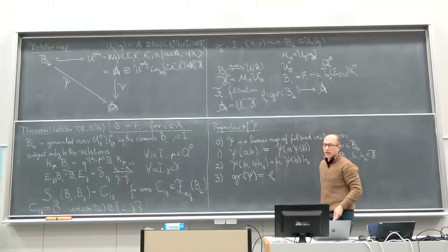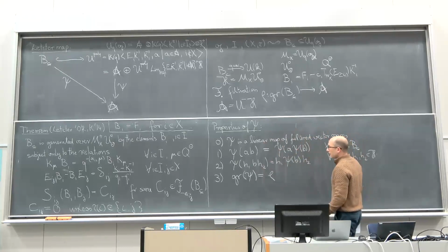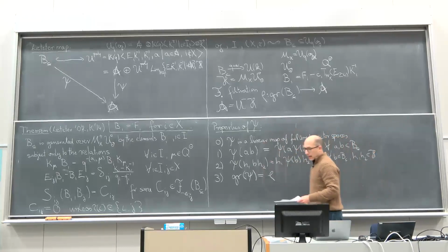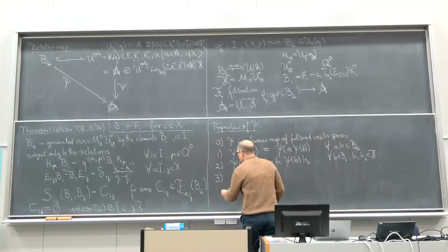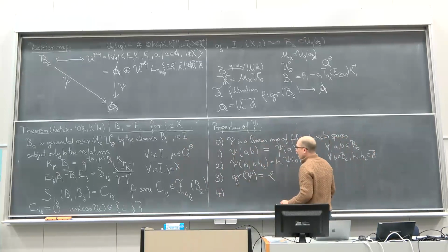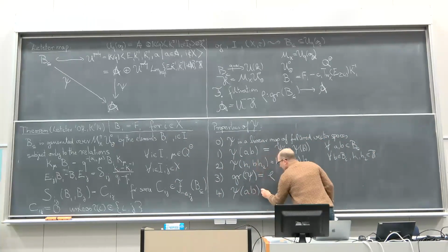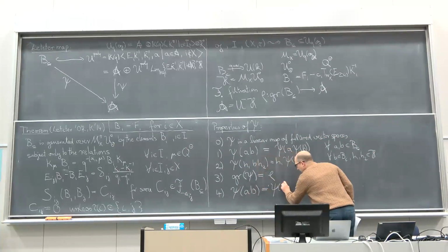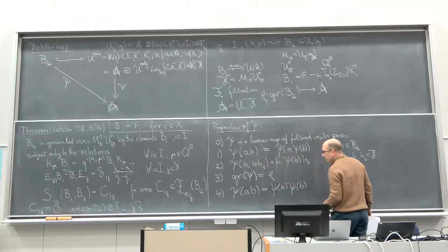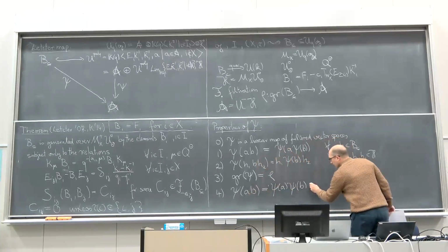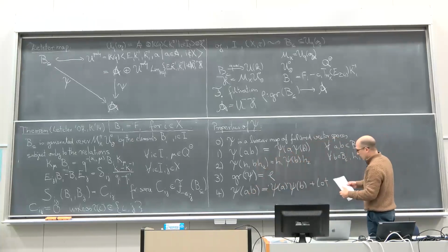And that was how we had defined this map phi earlier on. Yeah, so the graded of psi is phi. And then finally, if I put these things together, then I see that psi of A times B is equal to psi of A times psi of B. Yeah, the phi was an algebra homomorphism. So up to lower order terms, the psi is also an algebra homomorphism.